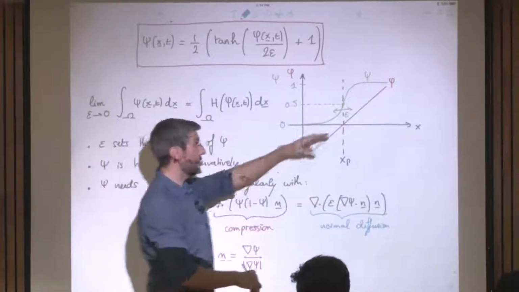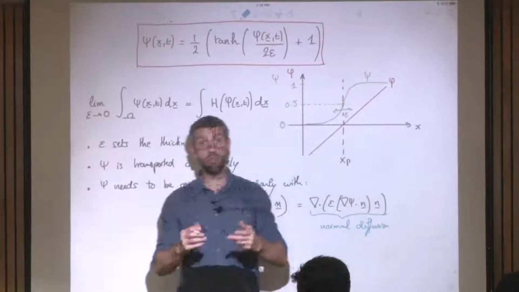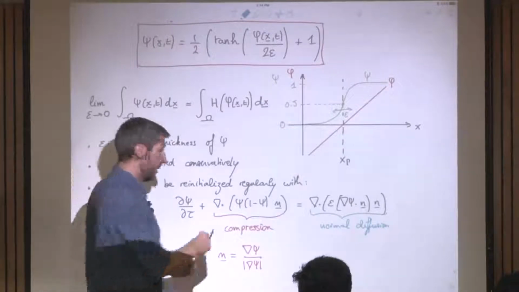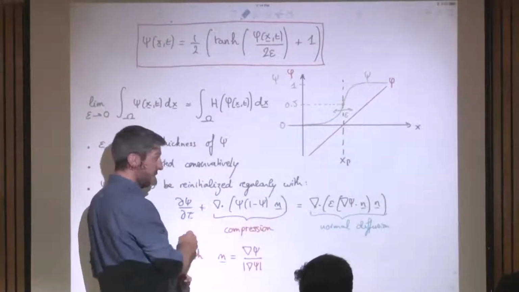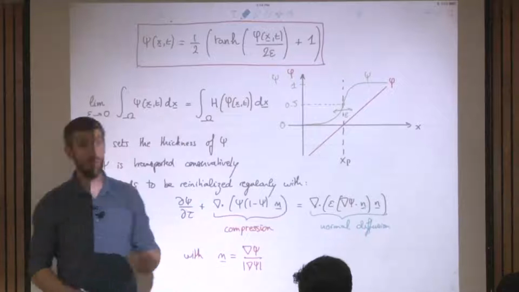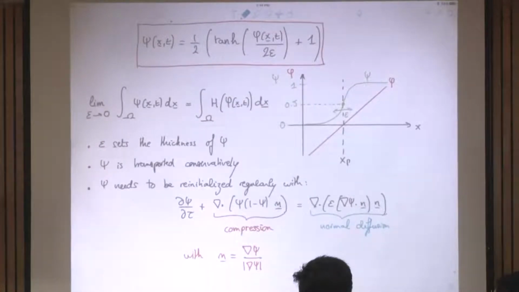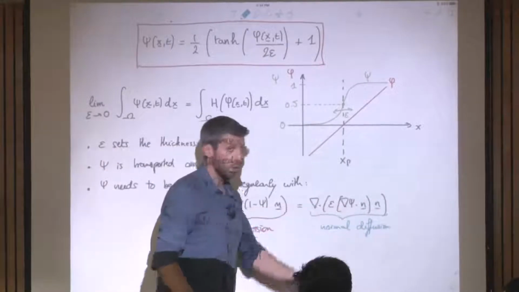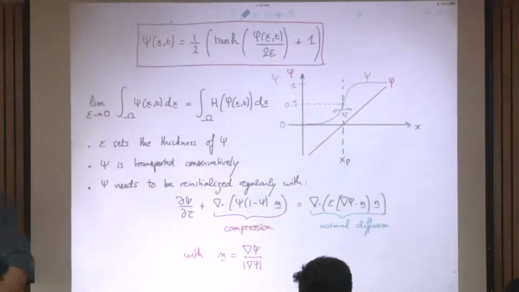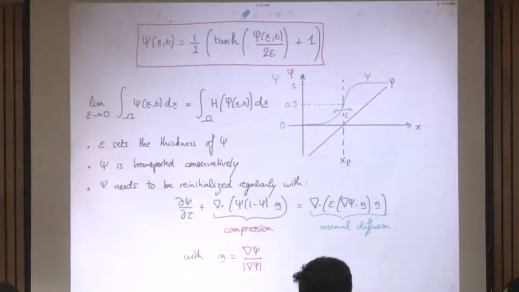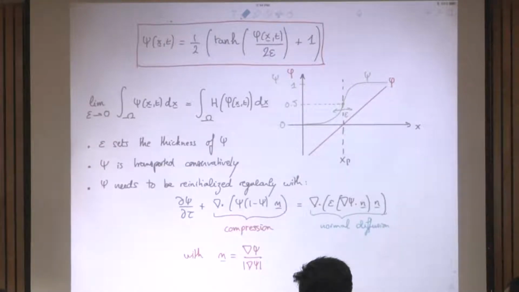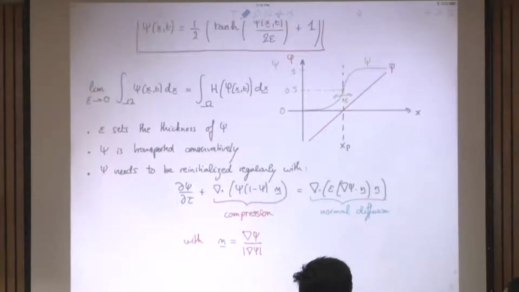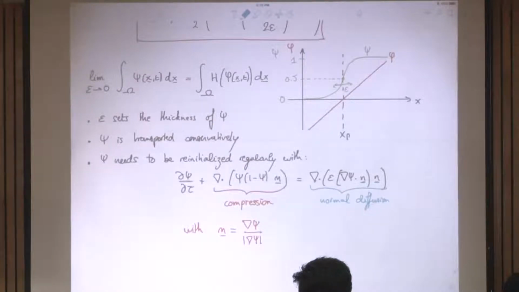This term will act to steepen that profile and reduce the epsilon. When those two are balanced, I reach steady state. My profile is epsilon thickness. This is a simple equation. It now looks like a nonlinear convection with a diffusion term. That's a lot cheaper to solve. It converges to the hyperbolic tangent profile.